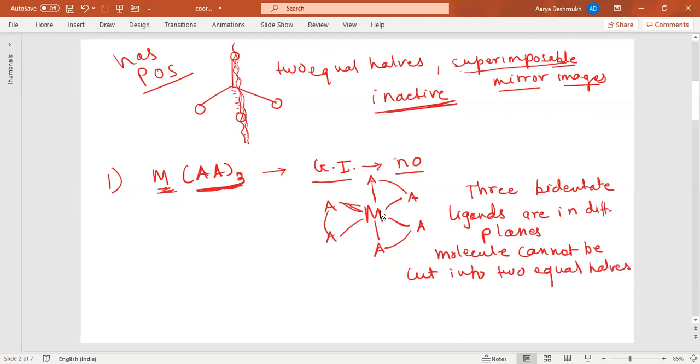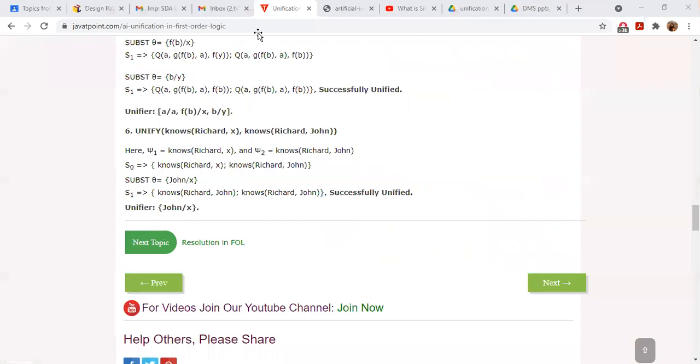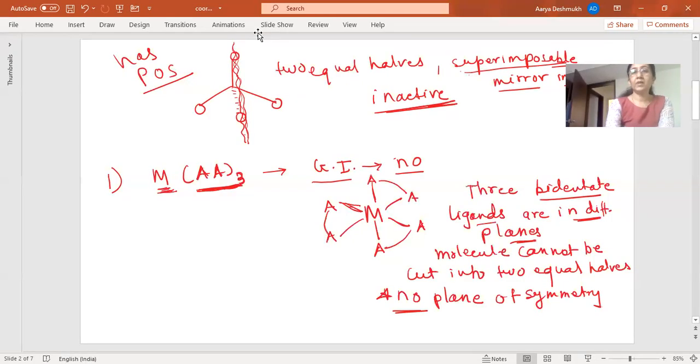It means there is no plane of symmetry. Why is there no plane of symmetry? Because all three bidentate ligands lie in different planes. Now I will try to show you by the model here. Now you can see here.